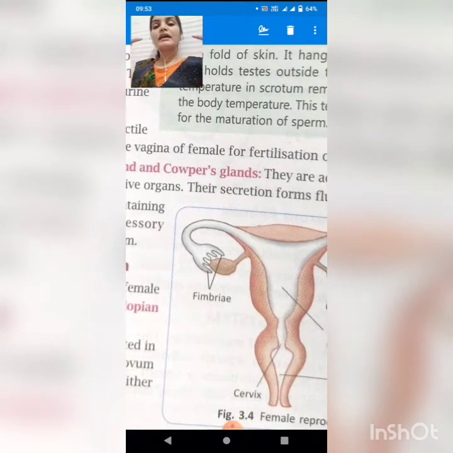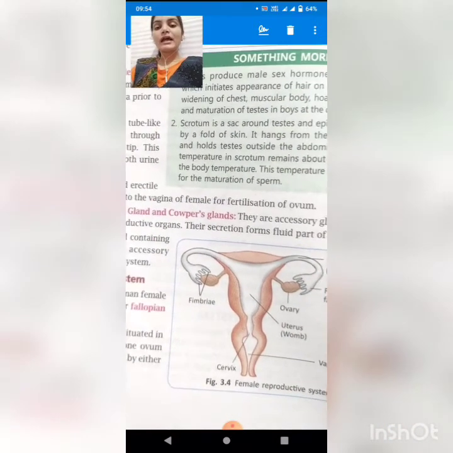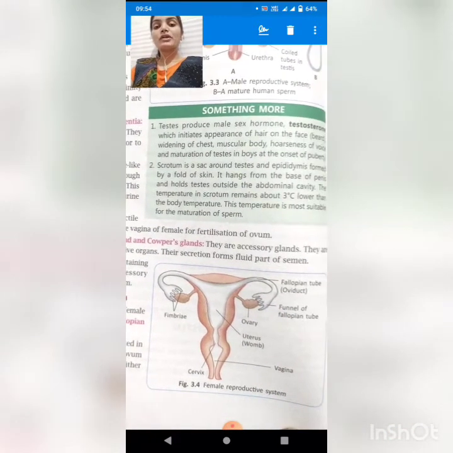Now the fimbriae get elongated and form a funnel like tube that is known as the fallopian tube, also known as the oviduct. Now what is the function of the oviduct and fallopian tube? This tube is responsible for the transportation of the female gamete into the uterus part of the female reproductive system.